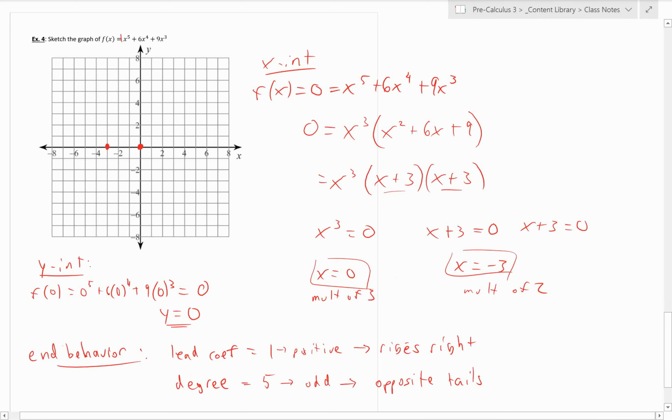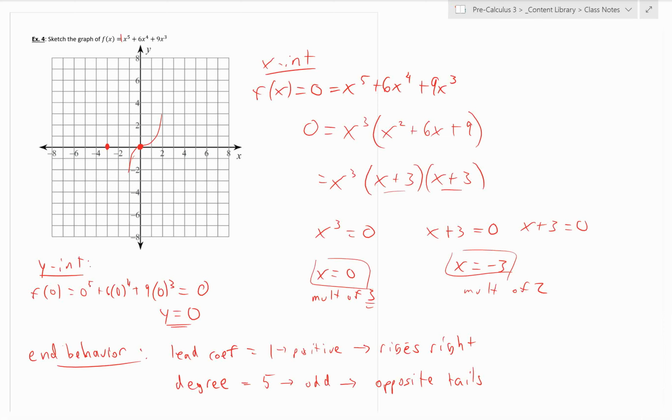And also working with multiplicity. Multiplicity tells us that at x equals 0, there's a multiplicity of 3, which means the function is going to cross the x-axis because it's odd. And being a higher multiplicity means it's going to kind of wiggle as it goes across, right? So we know it's going to wiggle as it moves across the x equals 0 intercept.